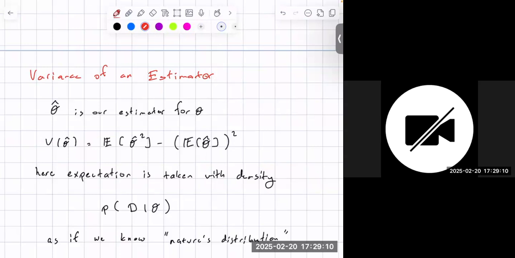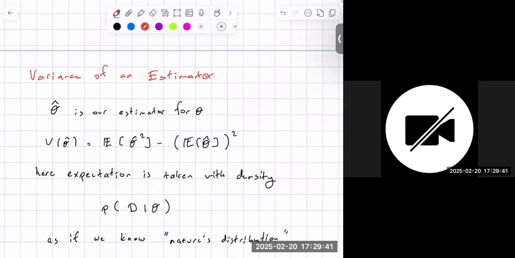And now I want to know how much variance I'm going to get. And here the expectation is, you need to ask me, what is the probability I'm taking expectation over? Since we are just doing theory here, suppose you know nature's distribution, in the sense that if you would know the density, you're using the probability of nature, which means your application, where you're going to see your data, okay? You're not fitting a model like Gaussian or whatnot.